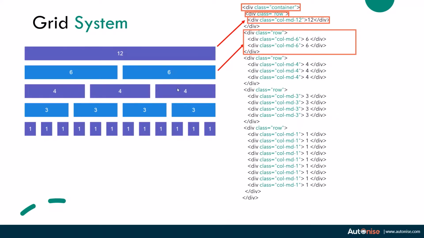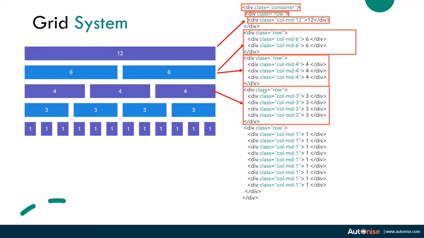To create the third row, similarly, we use col-md-4. Now, as 4 by 12 is equal to 1 by 3, we take 1/3 of the column when we use col-md-4. As we have 3 of them, we see 3 columns, each of them taking 1/3 of the screen.